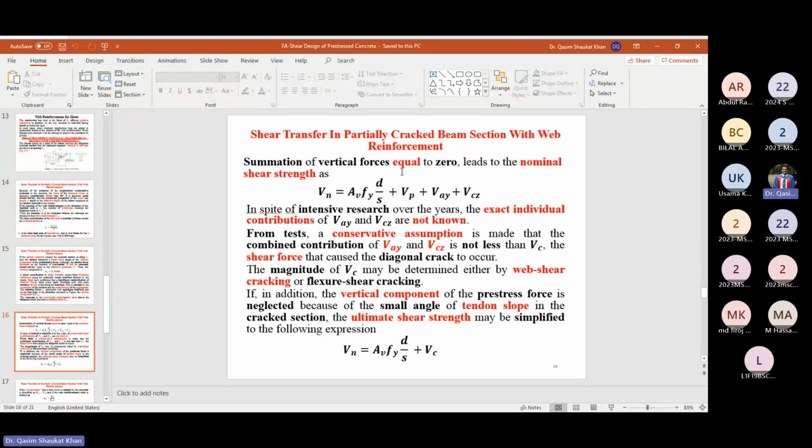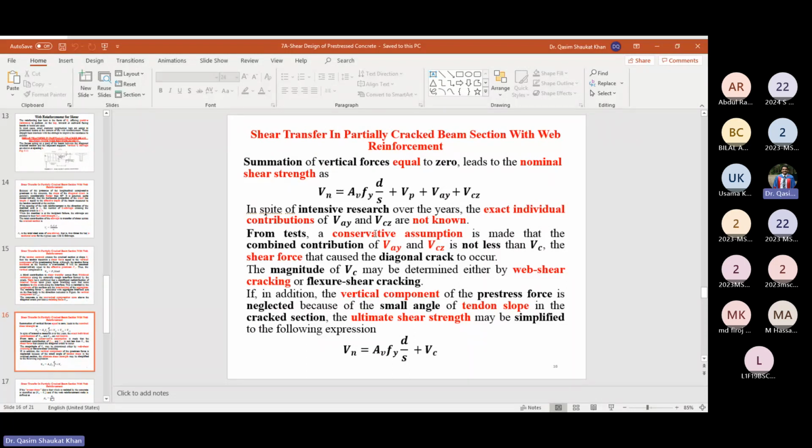Now these are four contributions. In spite of the intensive research over the years, the exact values of the contribution of the aggregate interlock and fracture plane and the contribution of the uncracked compression zone above the crack have not been known.